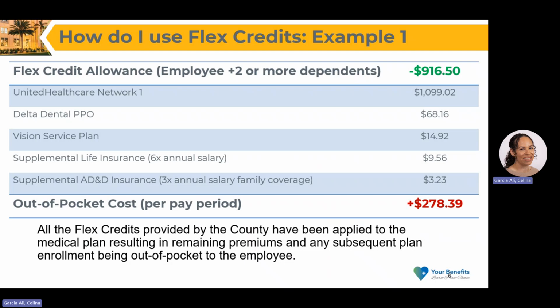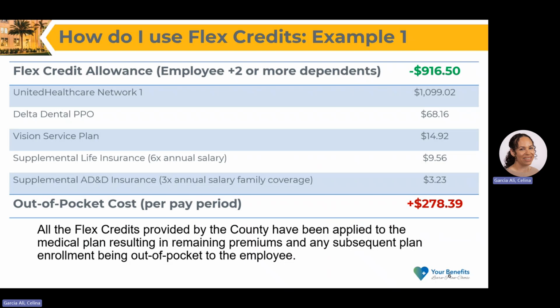Example number one. On this slide, you see an employee who plans to enroll their family onto a medical plan. So they receive the employee plus two or more dependents amount of flex credits. In this example, that's $916.50. The United Healthcare Network One plan that they've chosen costs $1,099.02.